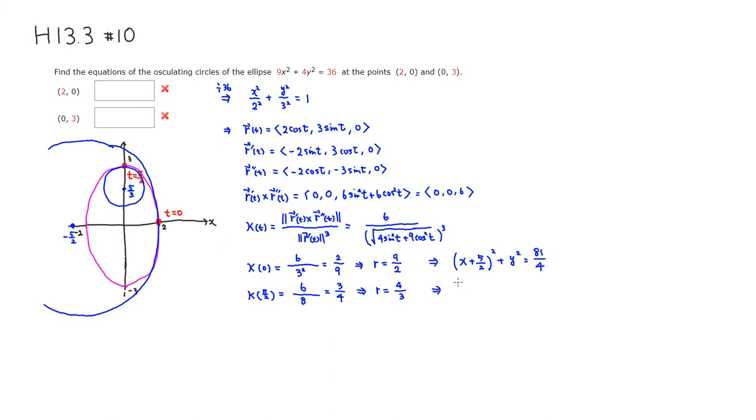All right, so the equation is fairly easy. There's no movement in the x direction, so no shifting, so just x squared. But this is going to be y minus, let's see, we're moving to 5/3, squared, and the radius is 4/3, so 16 over 9. All right, so let's type it in, 5/3.